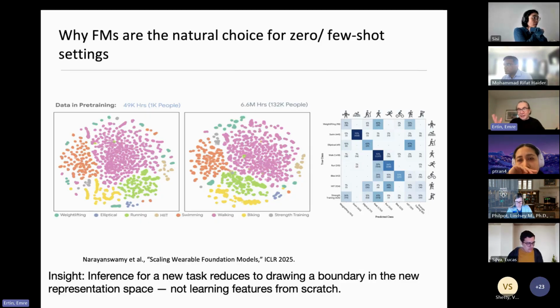Because it already self-organized itself to provide clusters corresponding to various tasks. So all I need to do is basically have a few labels to figure out where I am in the representation space, so that I can draw a boundary or region to classify the particular task I'm after.